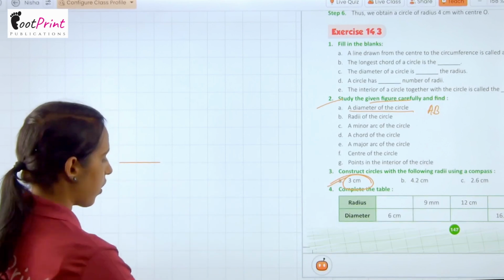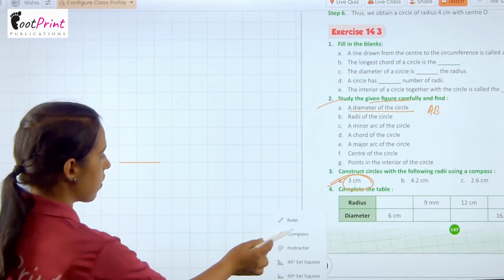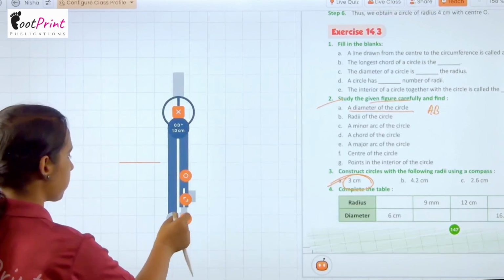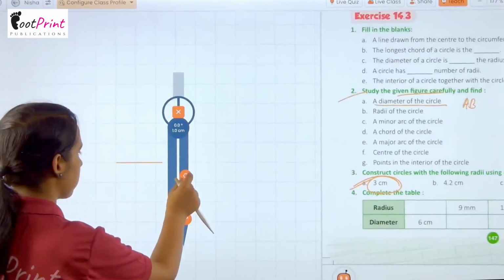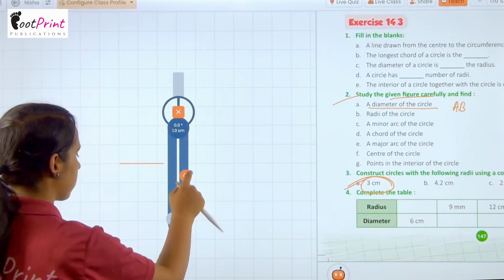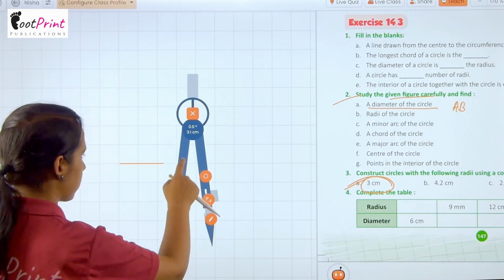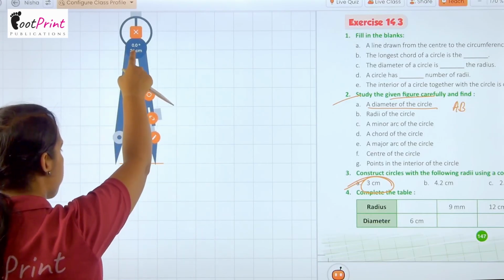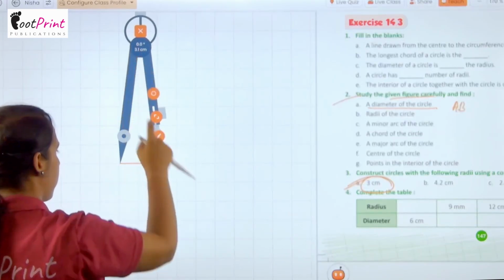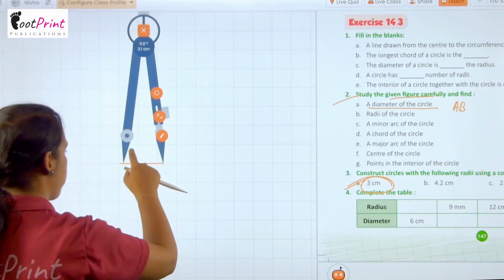Now we take a compass here and put the nib point here and the pencil point here.